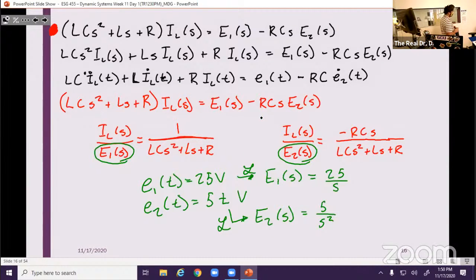Remember, the characteristic equation tells us about the natural dynamics of the system. It should be the same. You should get the same characteristic equation whether you solve this for one input or the other. The numerators are going to change, but the characteristic equation remains the characteristic equation.